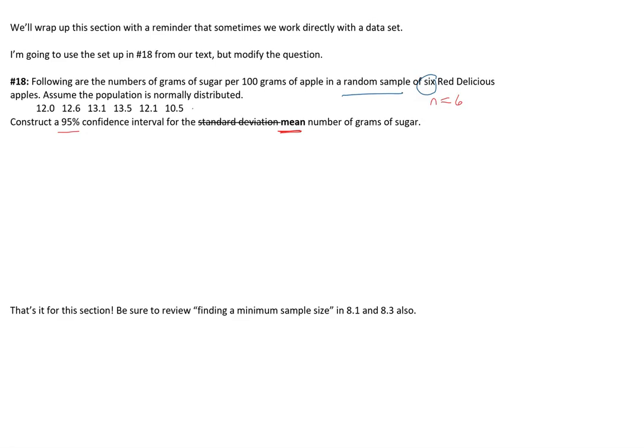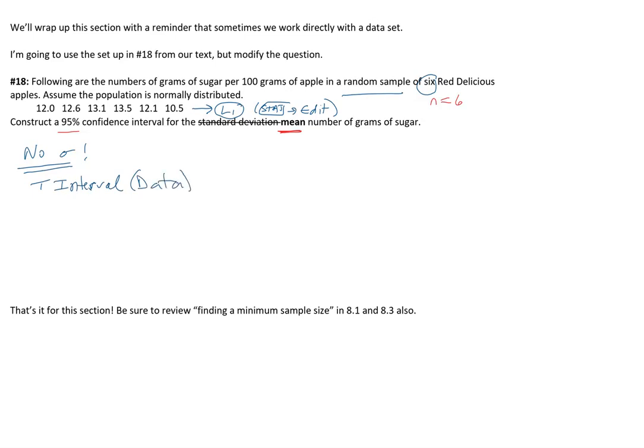So we want to construct a 95% confidence interval, and I'm going to modify that to say the mean number of grams of sugar. So we don't have a sample mean, right? But we don't need it. We don't even have to calculate it. We're going to put the data into L1. All right, so then remember that stat edit. Haven't done that too much in this chapter, but stat edit. And then because we have no sigma, no standard deviation given, we're going to use t-interval, and we're going to choose the data option.